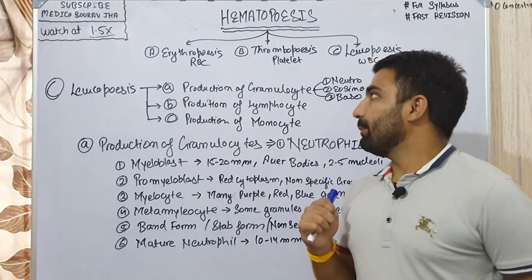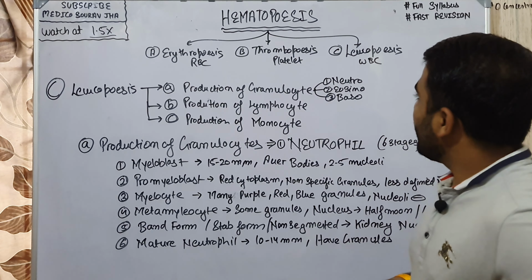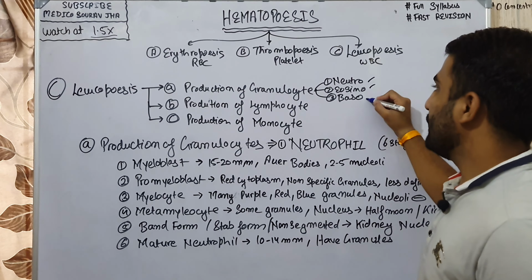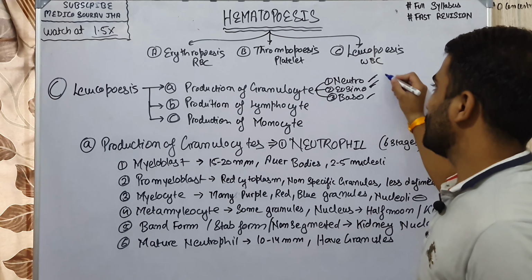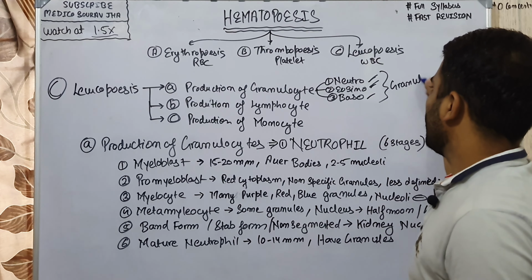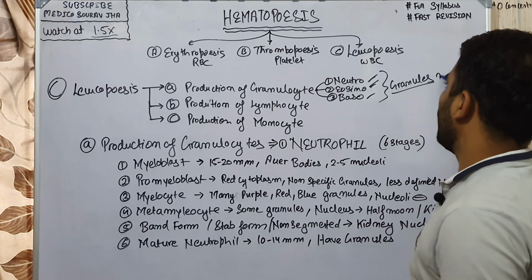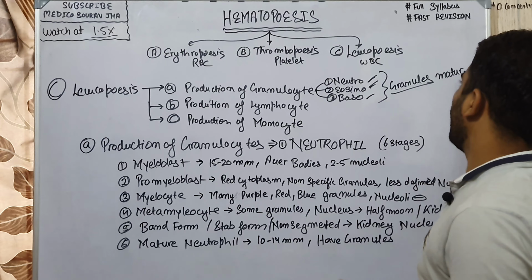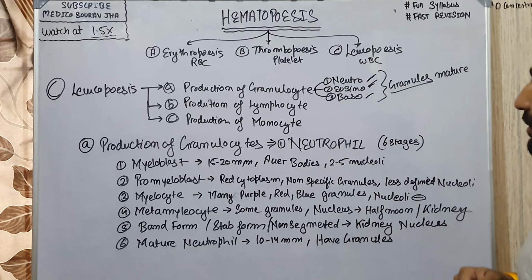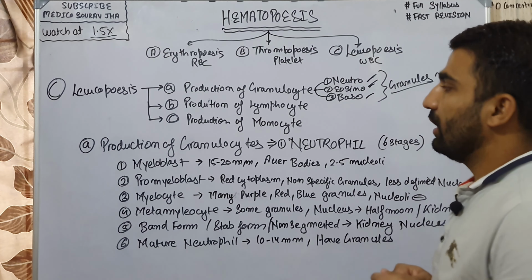Now pay attention to the granulocytes. Granulocytes are of three types: neutrophils, eosinophils and basophils. Those have granules in mature form. When they are mature, they have granules in their cytoplasm.